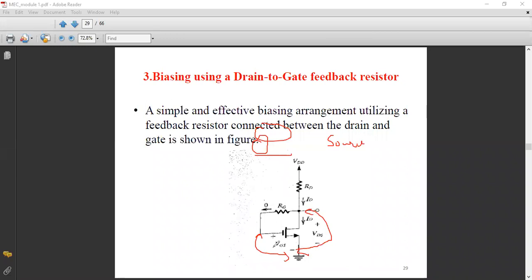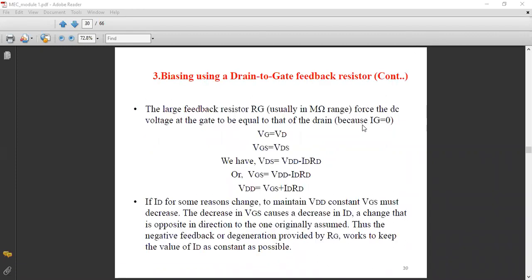Source is common for both the voltages, and since VG equals VD, now I can write VGS is equal to VDS. I hope you got the point. Any doubts? So what will you write? Since VG equals VD, you can write VGS is equal to VDS.